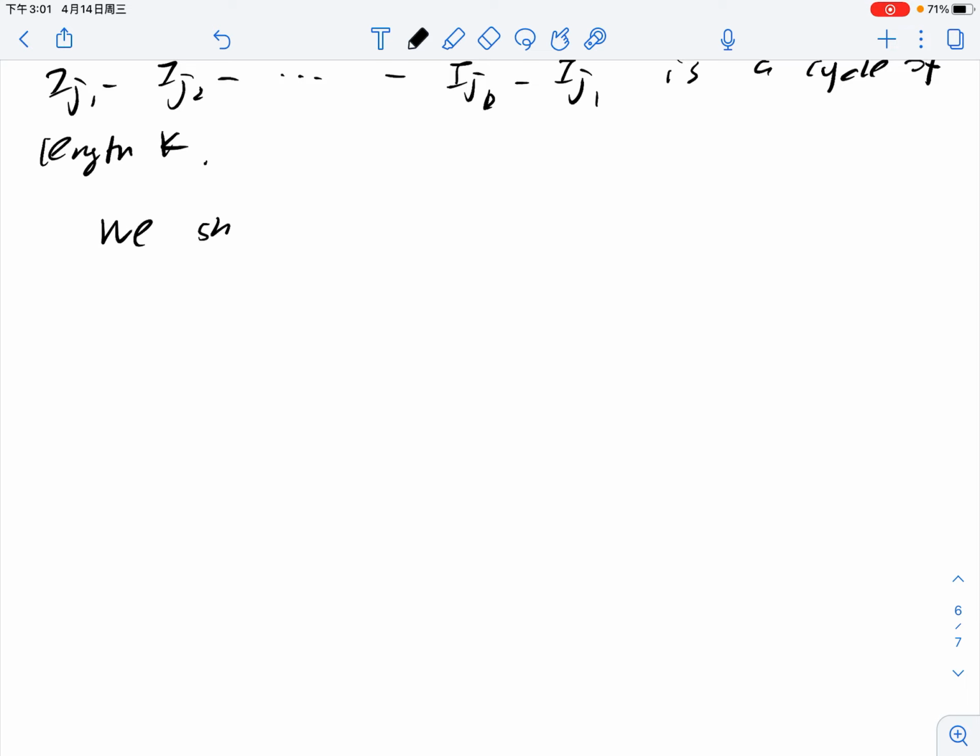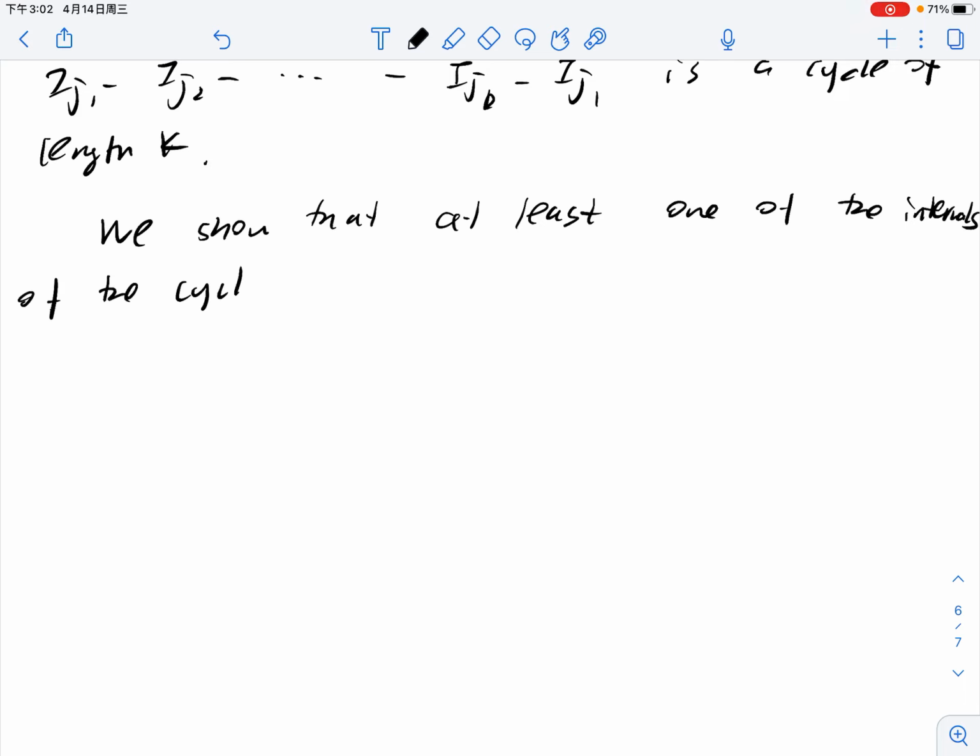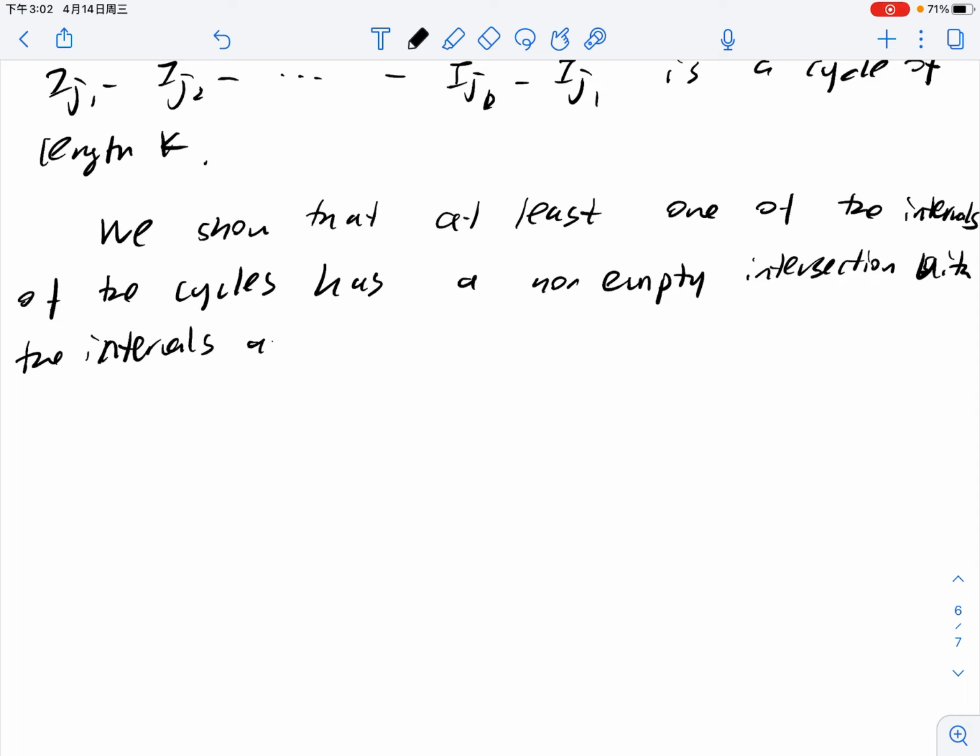And we show that at least one of the intervals of the cycle has a non-empty intersection with the intervals away from it on the cycle.